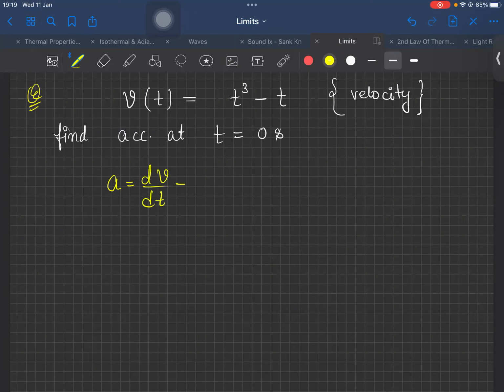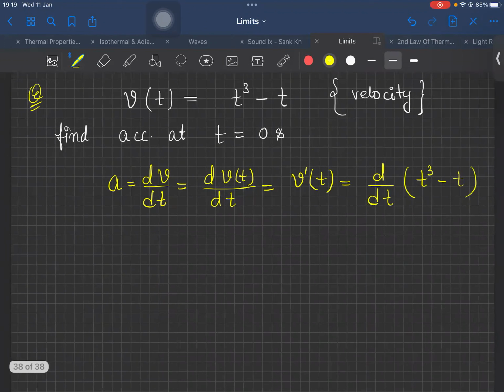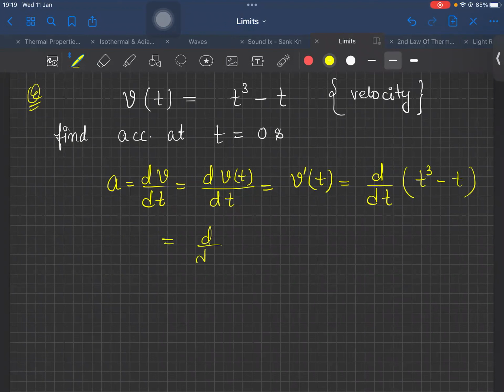The meaning is the change of velocity with respect to time, because velocity is a function of time. You can also write this as v dash of t. So d upon dt of velocity, t cube minus t. So this will become d upon dt of t cube minus d upon dt of t.